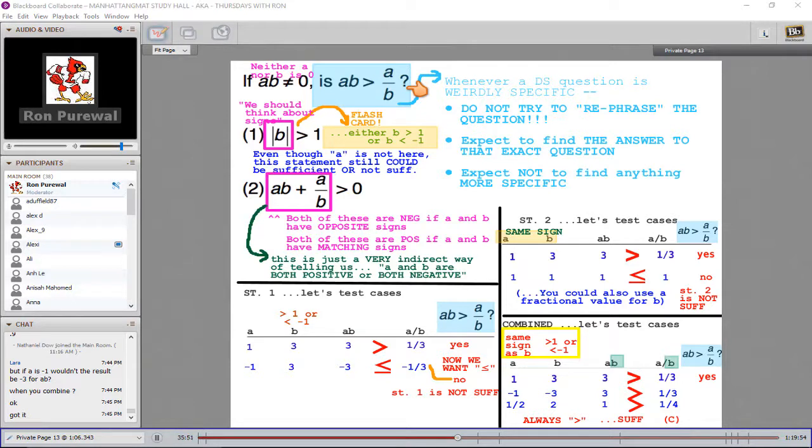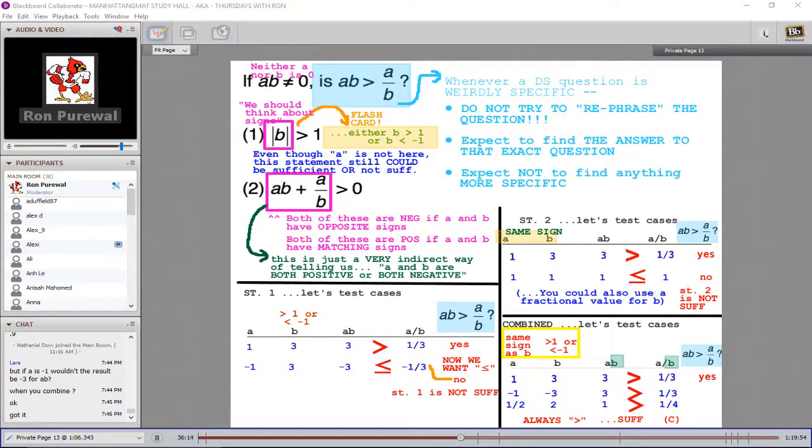Notice that you literally don't find out anything else at all. A could still be negative or positive. B could still be negative or positive. A could be greater than or less than B. You literally do not find out anything at all except for the goal of the problem.